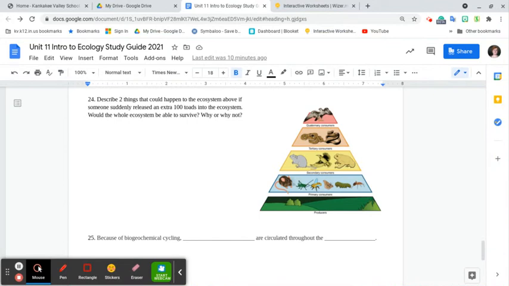A small one, like a pond area, 100 extra toads is going to be a problem. And maybe it could cause the whole system to crash because maybe the frogs wipe out all of the primary consumers, and then you have nothing for these guys to eat, and then nothing for that one to eat, and then everyone's going to have to find a new niche. They're going to have to leave or die, right?